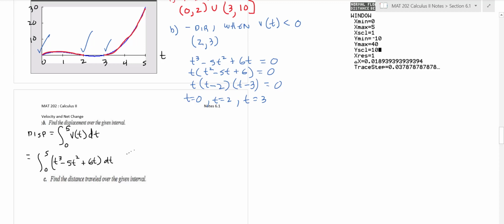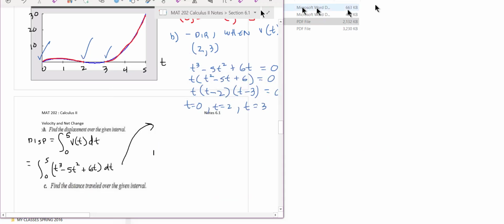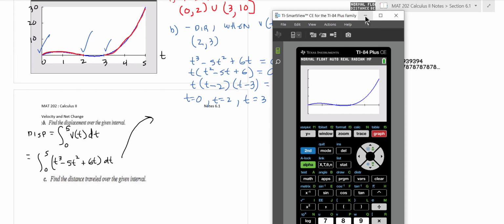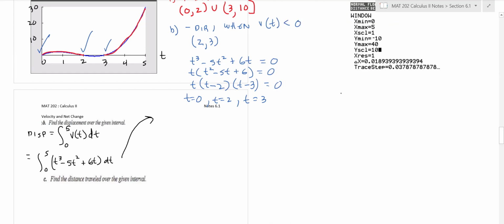Okay, so we're going to do this. This would be an example of a calculus 1 level integral. It's basic power rule. A quick reminder: the integral of t to the n dt, the power rule, is t to the n plus 1 over n plus 1 plus c.